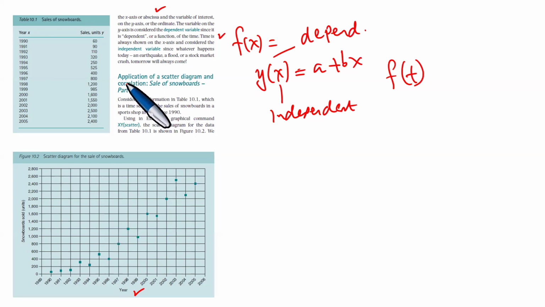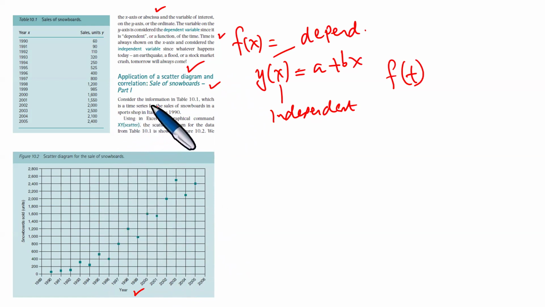The application of a scatter diagram and correlation: sale of snowballs, just an example here of the idea of a scatter diagram. So we'll look at a scatter diagram in the event of the snowballs, part 1, and let us discuss this example briefly, as it is just an example.